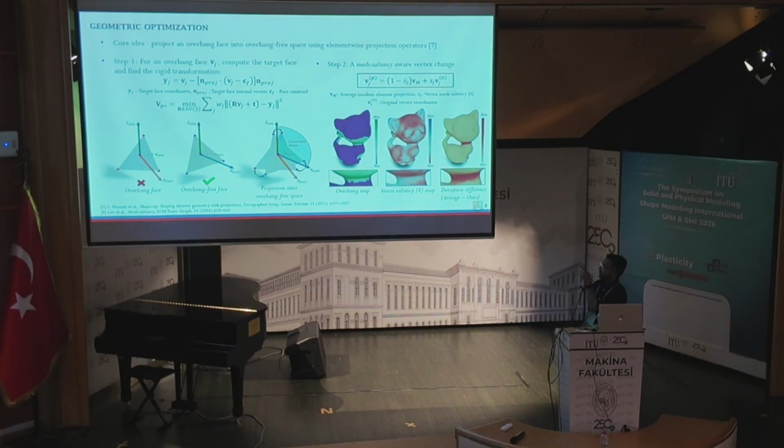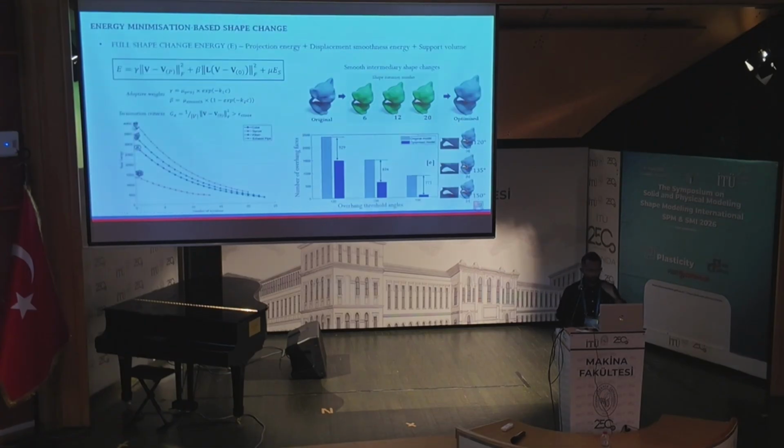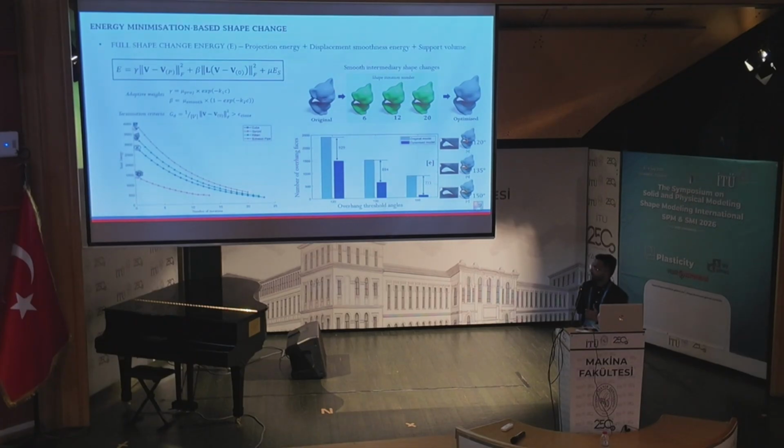And then for the vertex level change, we propose a salient feature aware projection method. The idea is to minimize deviation in salient regions, salient but overhang regions. So if you look at the full shape energy, it's a collection of few energy terms.